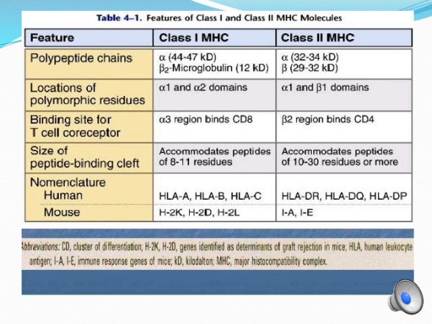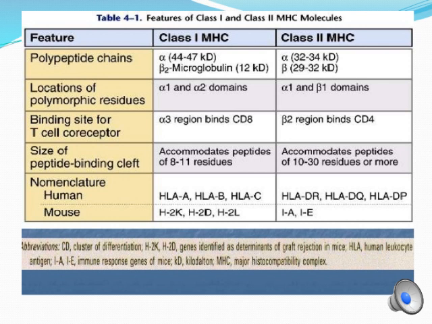So polypeptide chains in class 1, they are alpha and beta 2. Okay, so one beta 2 microglobulin and then you have 3 units of alpha. Whereas in class 2 MHC, you have 2 alpha units and 2 beta units. In class 1 MHC, you have alpha 1 and alpha 2 domains. Class 2 MHC, alpha 1 and beta 1 domains, as you had seen in the figure.